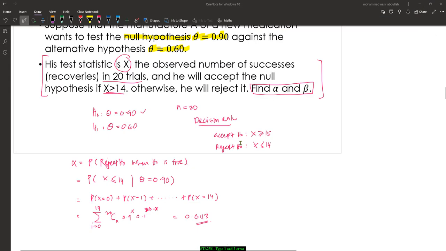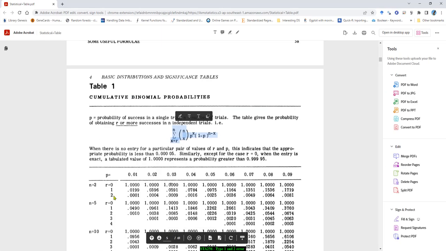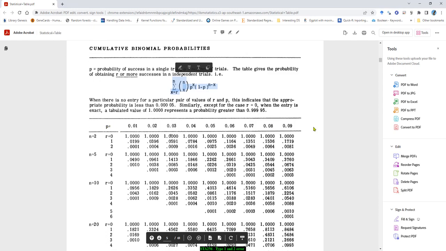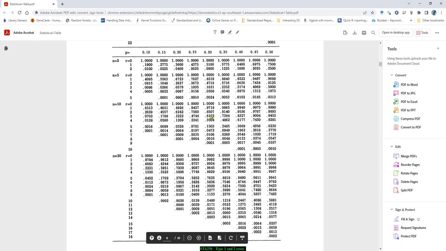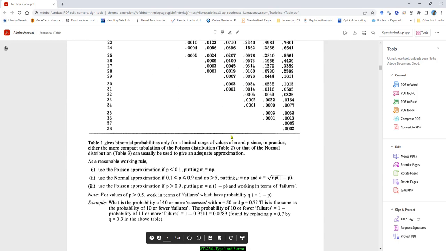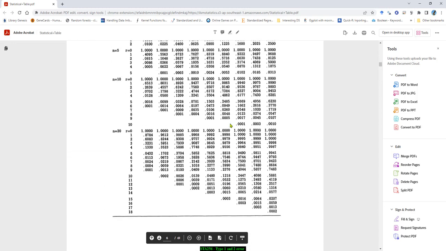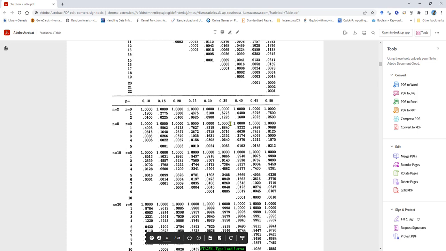So here, what should it be? If we look here, the probability of success here is 0.9. So probability of success means this one, P is 0.90. But if you look at the probability values given here, we don't have many. We only have until 0.5. So if you only have until 0.5, you can take the complement of 0.9, which is 0.1.